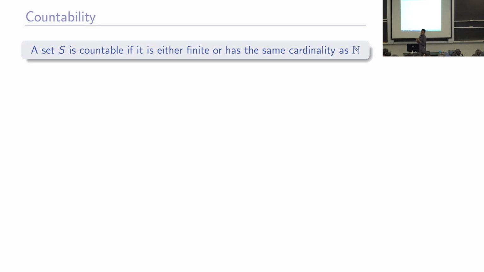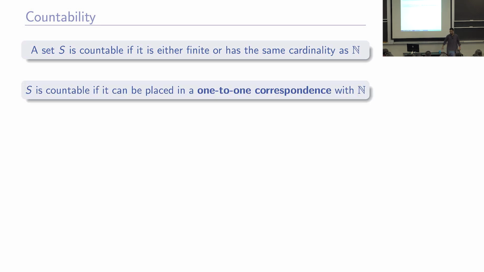An infinite set is countable if it has the same cardinality as the natural numbers. Okay, when I say equal cardinality, now I know it. And what does it mean when a set has equal cardinality as the natural numbers? If there exists a bijection between that set and the natural numbers, right?